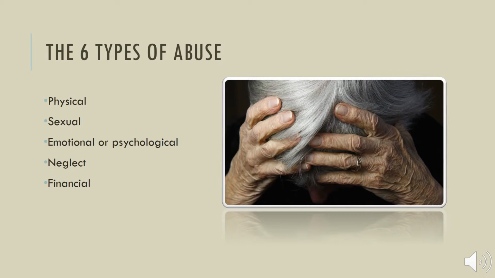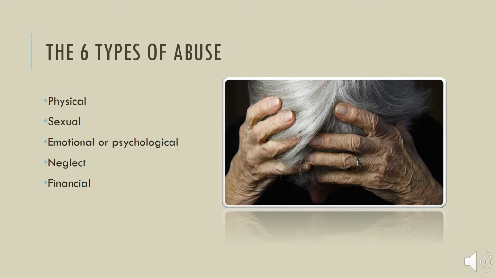Neglect. This is the failure to meet an older adult's most basic needs. These needs include food, water, shelter, clothing, hygiene, and essential medical care. And finally, we have financial.